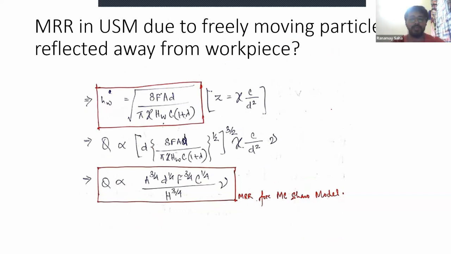So we are not actually looking at the gross or bulk material removal. We are rather looking at the material removal by the particles which are reflected away from the workpiece after impacting. So this is for the general MRR transition model upon particle impingement, which we have seen earlier.